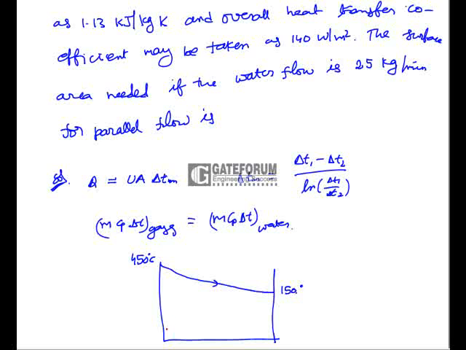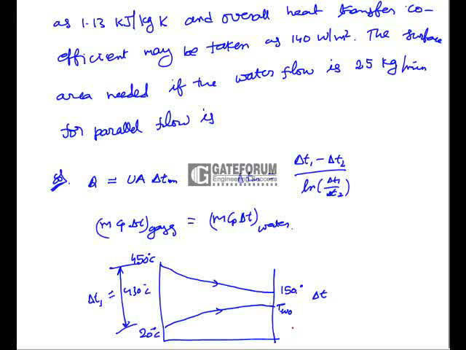In parallel flow, both fluids flow in the same direction, so water enters at 20 degrees centigrade, and we have to find the exit water temperature, say Tw0. ΔT1 is equal to 430 degrees centigrade, and for ΔT2 we first have to find Tw0.